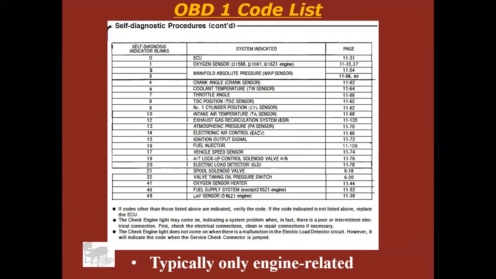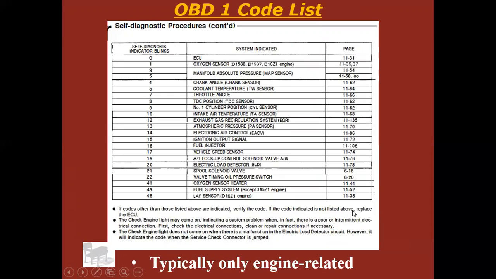Another thing is OBD1 codes are typically only for engine type stuff. Typically, they don't have transmission and suspension codes, air conditioning, that type of thing. Typically, it's just engine. And as you can see for this vehicle, I think this is from a Honda manual, it says if codes other than those listed are indicated, verify the code.